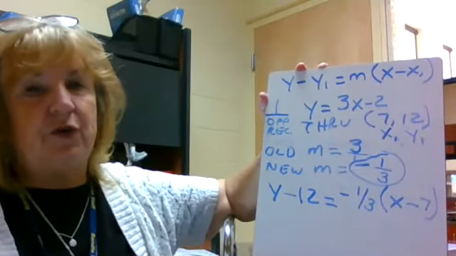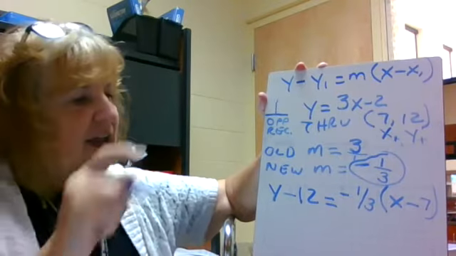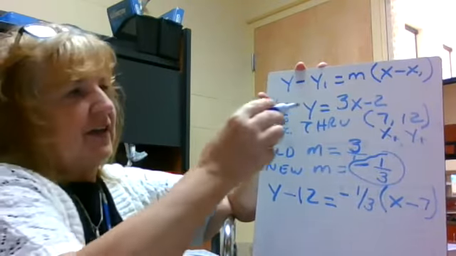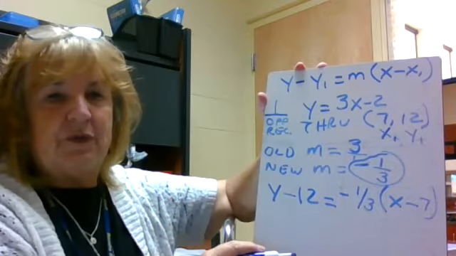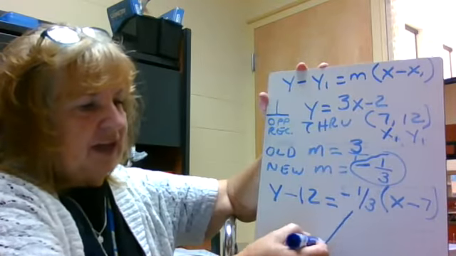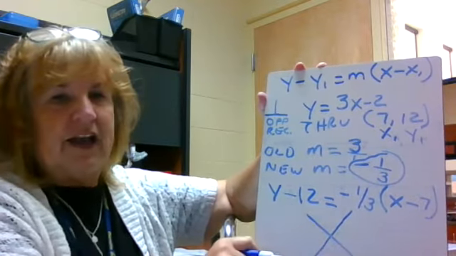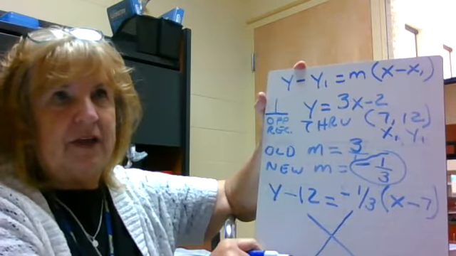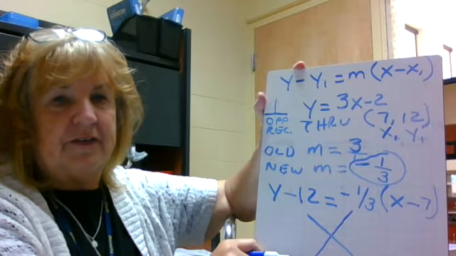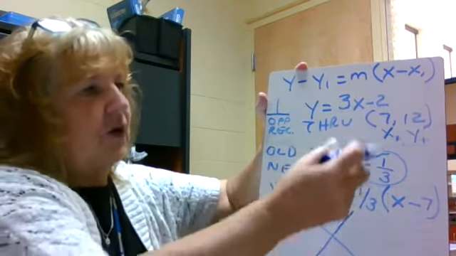And because you were told to find the point slope form, you're done. And if you were to graph it, this line and this line would be perpendicular. That means that whatever way the first line went, the second line would be perpendicular to it. It would look like an X. And the second one would go through that point.